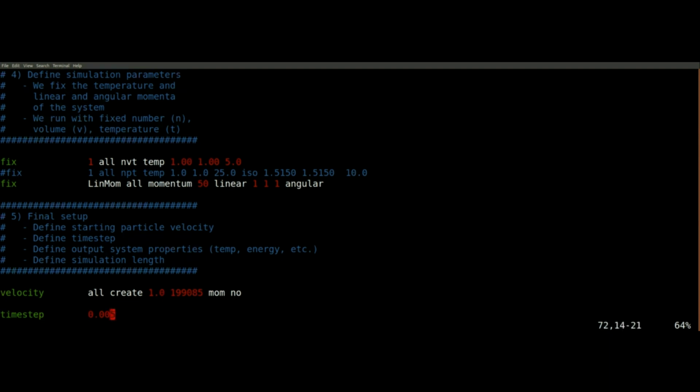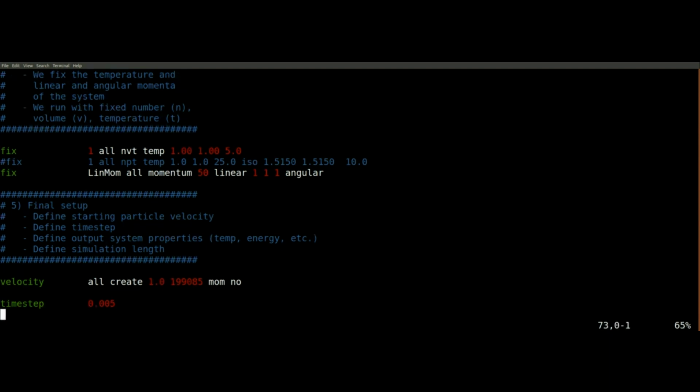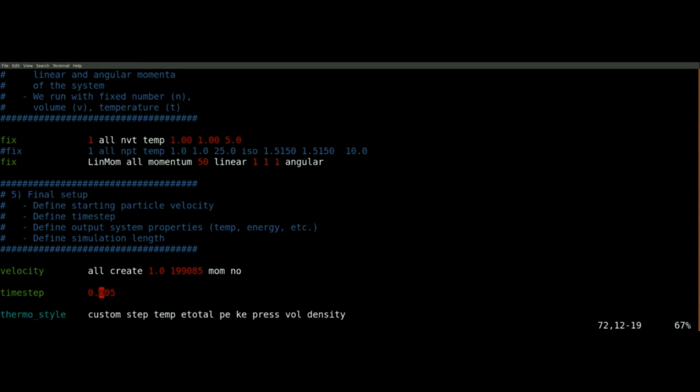The next step is saying, here's the time step I want to run at, in this case 0.05. At this step the simulation will run well. If you set your time step too large, you will miss important physics.